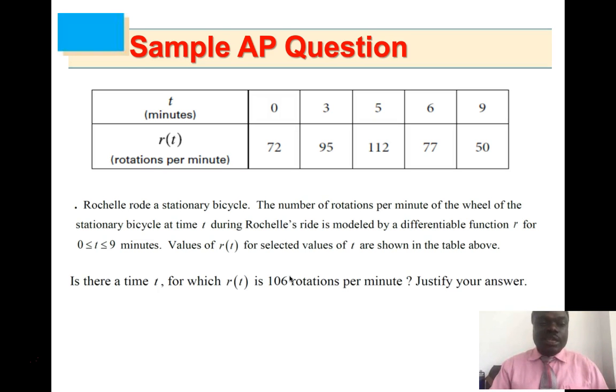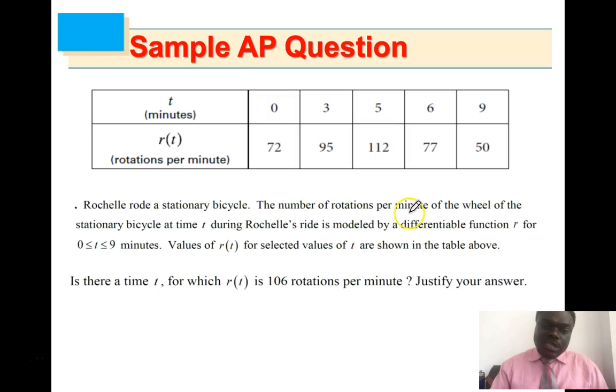In AP examinations, you will see questions like this one here. These are the kind of questions you will have in AP examinations. And what is this question saying? It says that Rachel rode a stationary bicycle, just making the wheels turn.